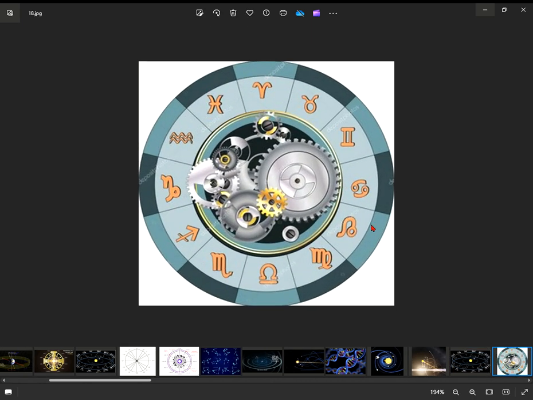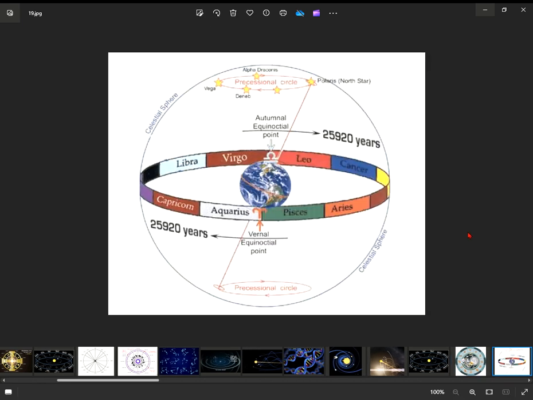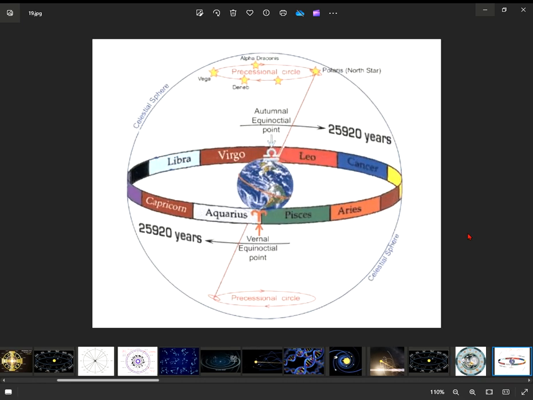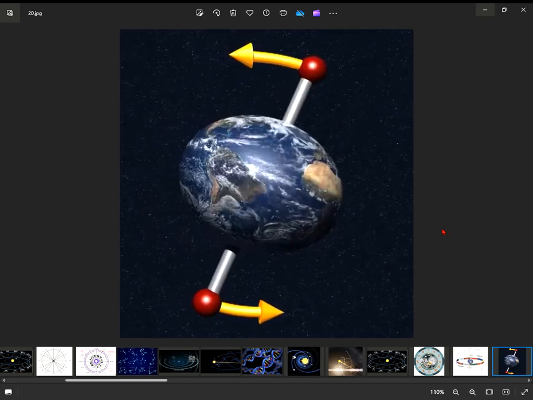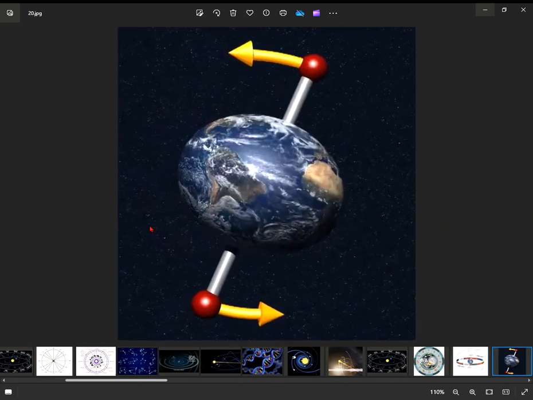This backwards motion, known as the precession of the equinoxes, is caused by the gravitational forces of the sun and moon acting on the Earth's axis, resulting in a right to left motion of the Earth's axis.